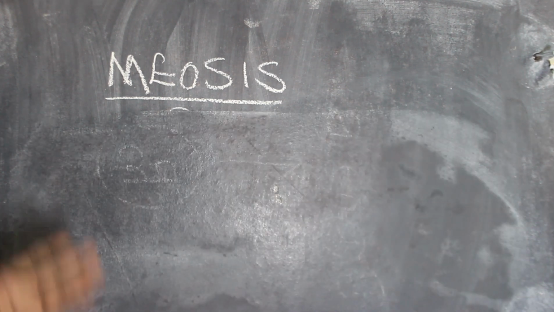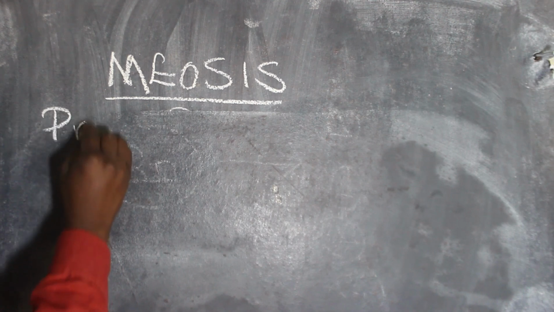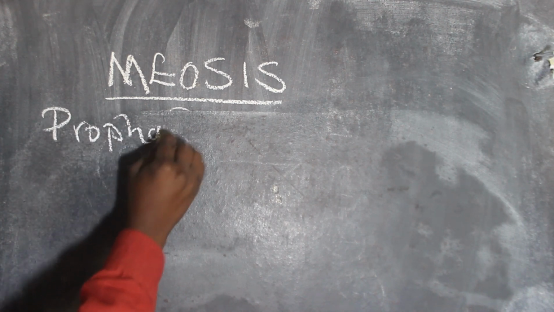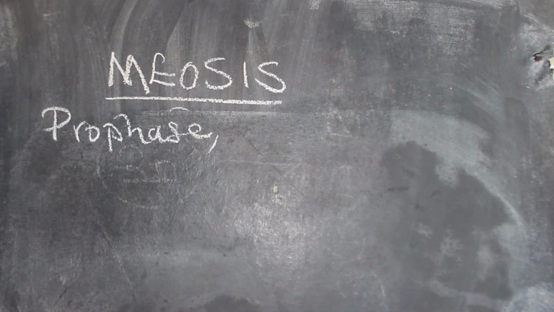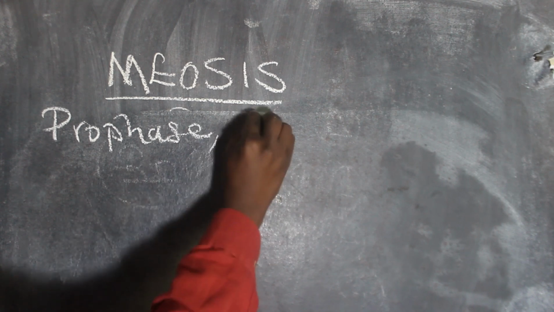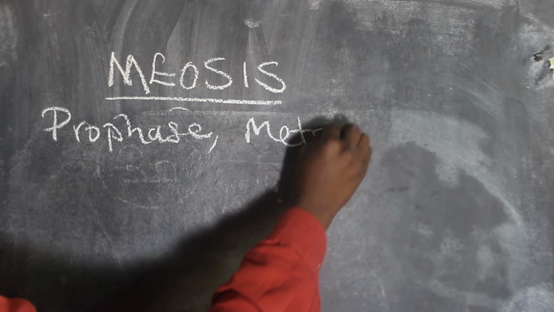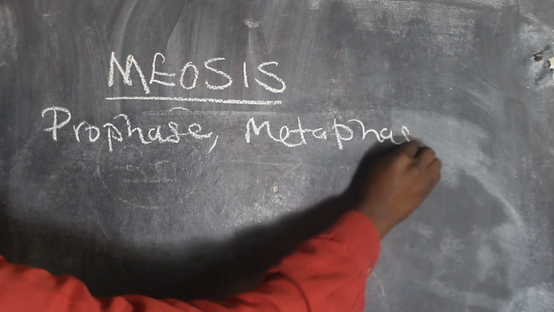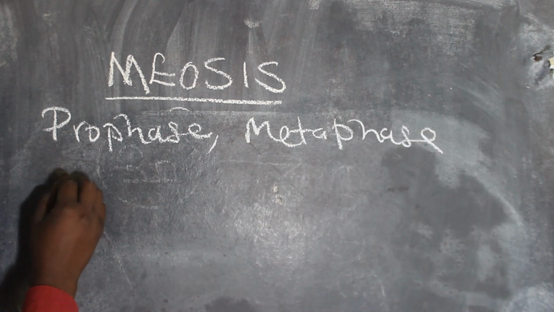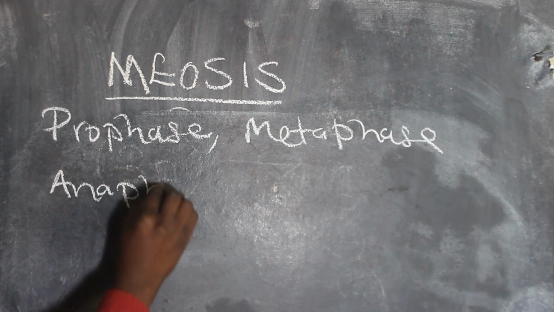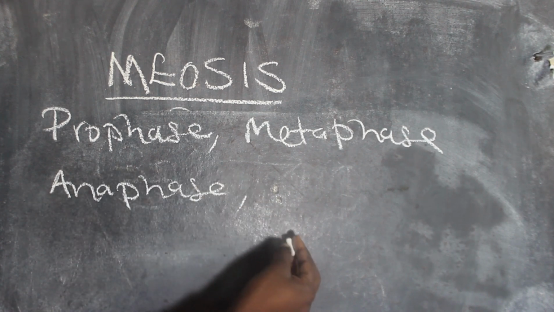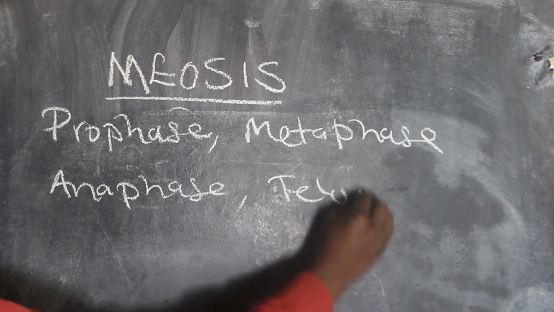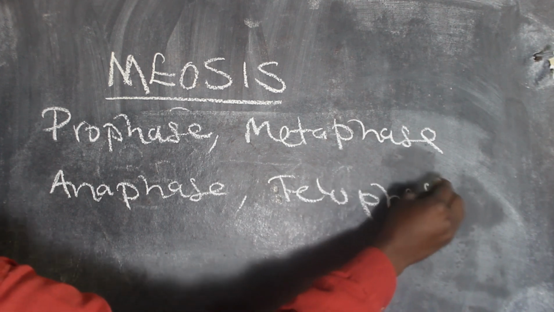Just like mitosis, meiosis also has four stages. We looked at the prophase, the metaphase, the anaphase, and the last phase was the telophase in mitosis.